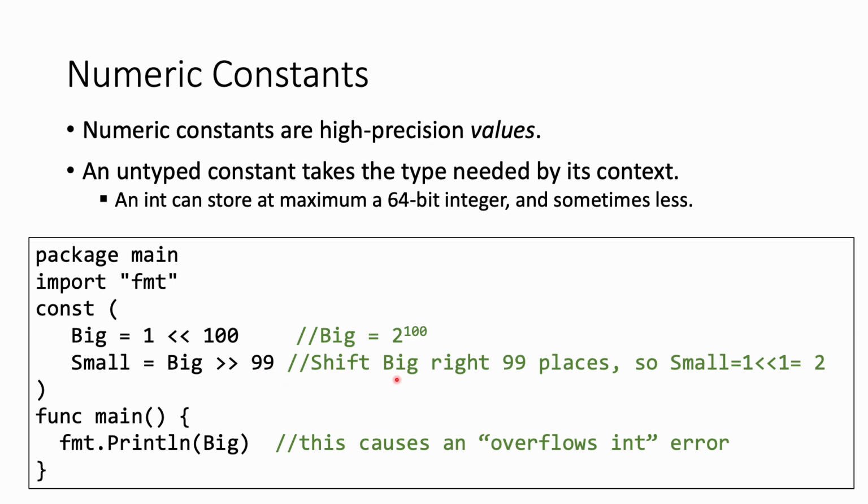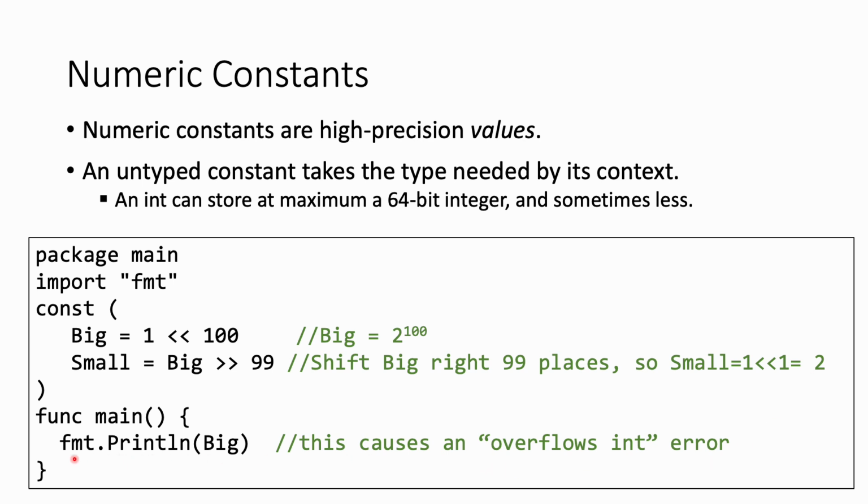So that means that we shift big right 99 places. So small is equal to 1 left shift 1, which is equal to 2.